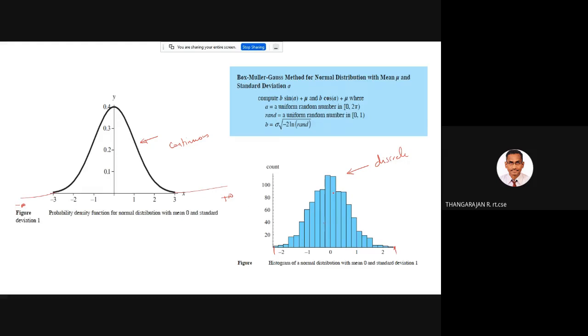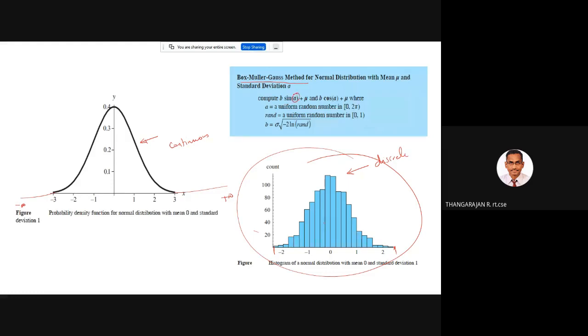Now how will you generate this? Because we need probability from such generation. So for that you can use this particular formula, given here: the Box-Muller-Gauss method for normal distribution. You can use uniform random numbers. Here I can always generate a uniform random number.